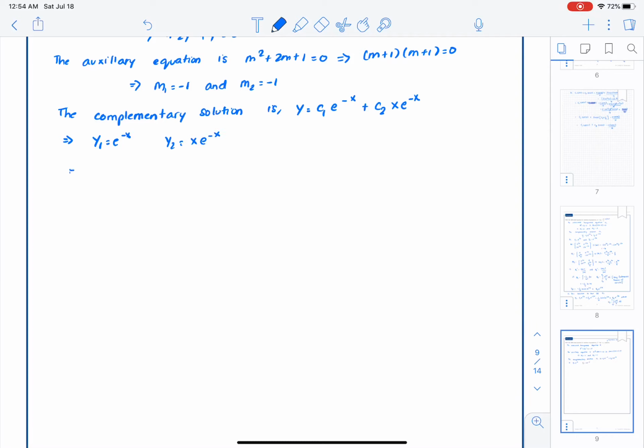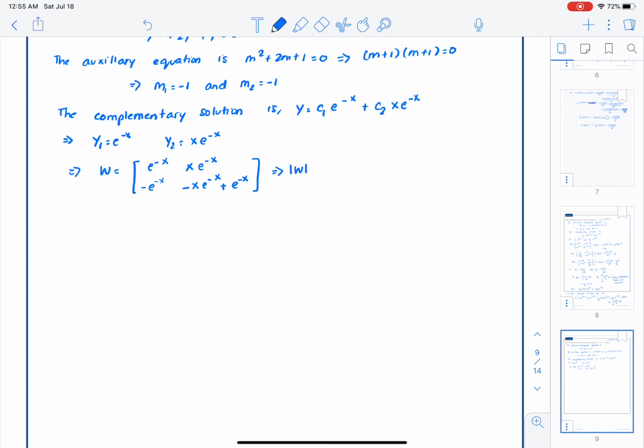So the Wronskian W is e^(-x), x e^(-x); over here we'd have negative e^(-x), negative x e^(-x) plus e^(-x).